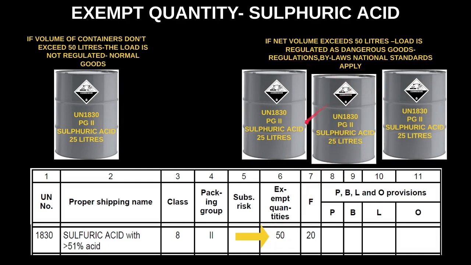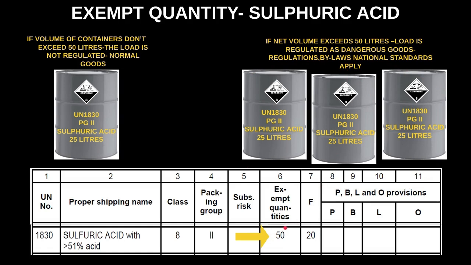Remember, just because each container is below the exempt quantity, it does not mean the total load is below the exempt quantity. If each one of these containers were separate vehicles, then it would not be considered a regulated dangerous goods load, but because they are on one vehicle, it means the total quantity is above the exempt quantity, meaning that this will be a regulated dangerous goods load.